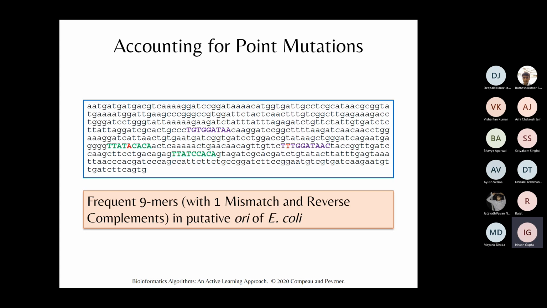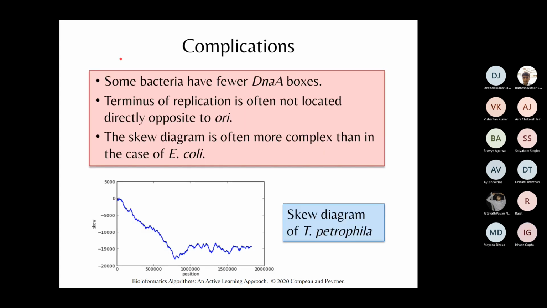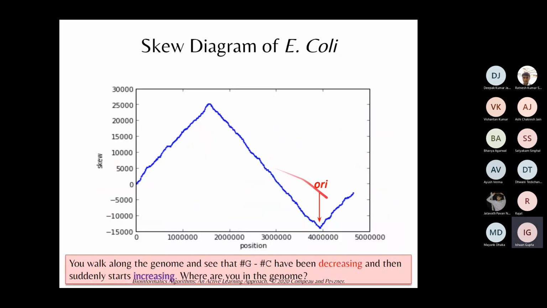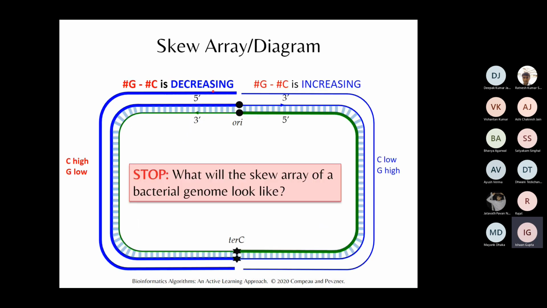But now if you want to apply this to all genomes, to all organisms, there are obviously going to be complications. What are the complications? Some bacteria have fewer DnaA boxes. Sometimes the terminus of replication is not located directly opposite to the ori. In the example that I showed you here, this is the origin, and this is the terminus of replication based on the skew diagram.